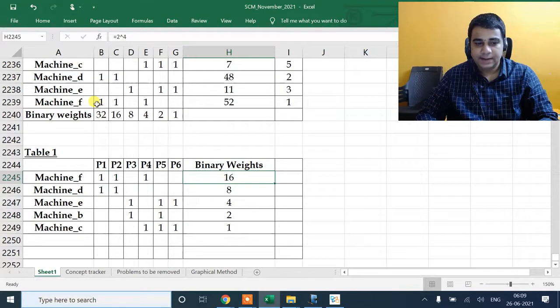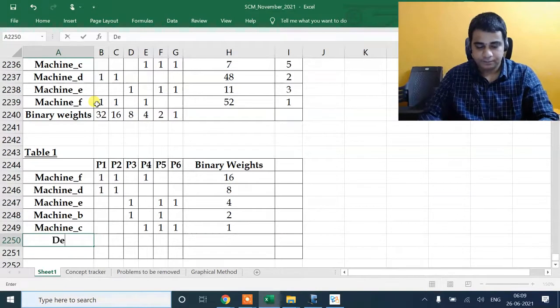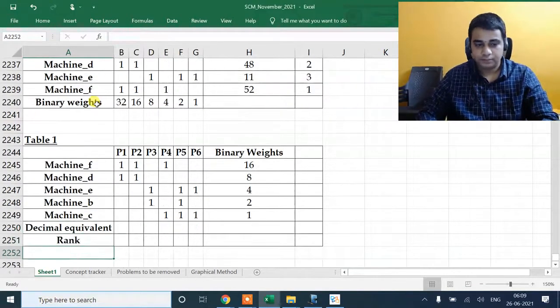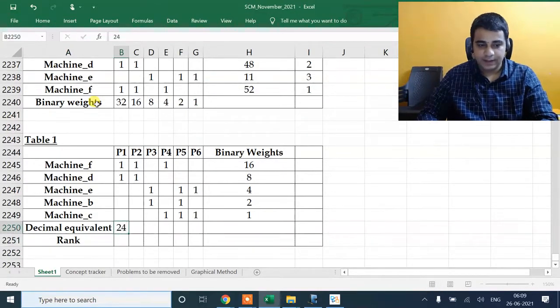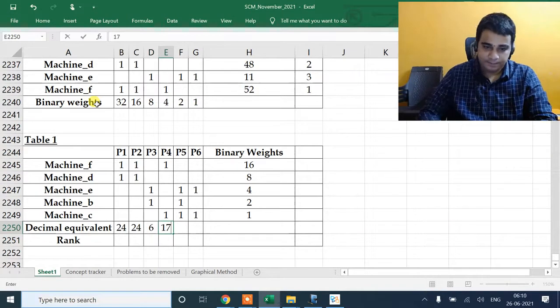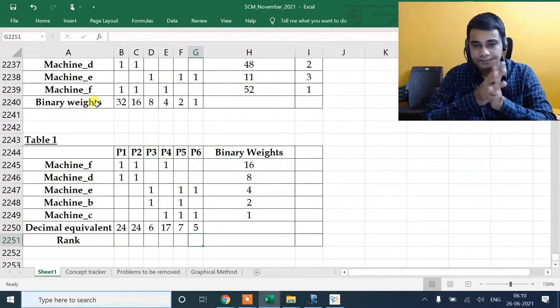This basically means machine F has a weight of 16, machine D has a weight of 8, machine E has a weight of 4, machine B has a weight of 2, machine C has a weight of 1. 16 plus 8, 24. 4 plus 2. 16 plus 1. 4 plus 2 plus 1. 4 plus 1.